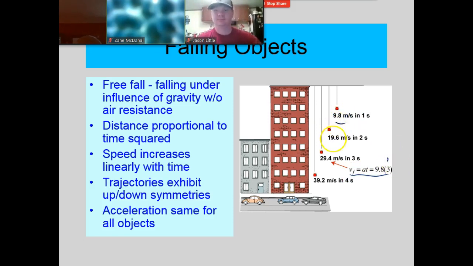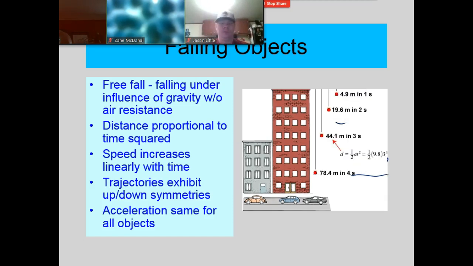When it's 2, it's 19.6. When it's 3, it's 29.4. When it's 4, it's 39.2. So speed increases linearly with time, increases by the same amount every second. Distance increases by the square of the time, so it increases much more every second.